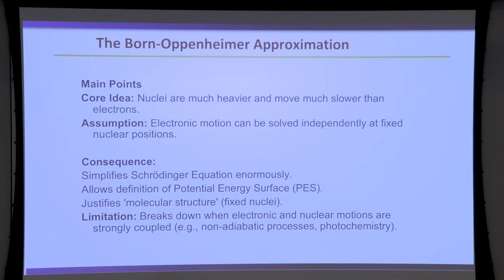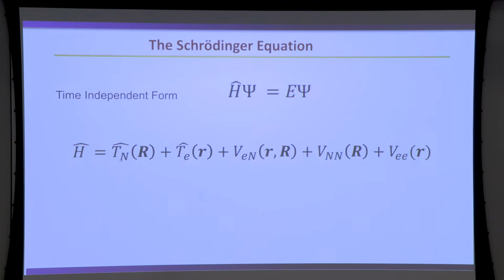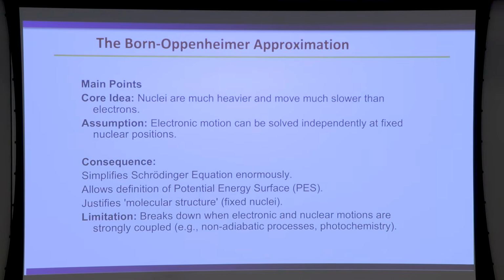Okay? And so what that means, remember that you had all those terms here in which you have the nuclei, and the nuclei with the electrons, that create problems. This approximation allows the electronic motion to be solved independently at a fixed nuclear position. Okay? That highly simplifies the system.